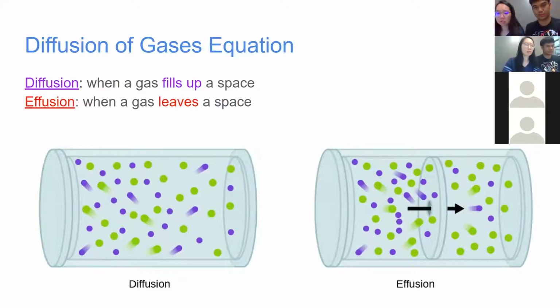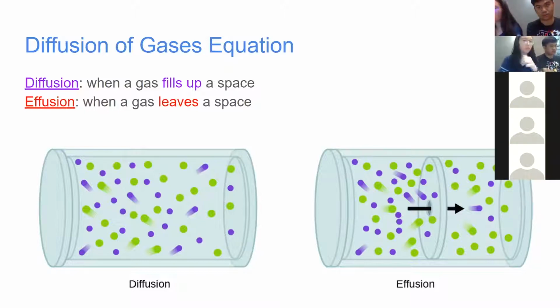Look at the right cylinder. See the difference between the big green dots and the little blue dots. The little blue dots have more likelihood to get through the hole because they have a lighter molecular weight, and with the lighter molecular weight, they end up moving faster.